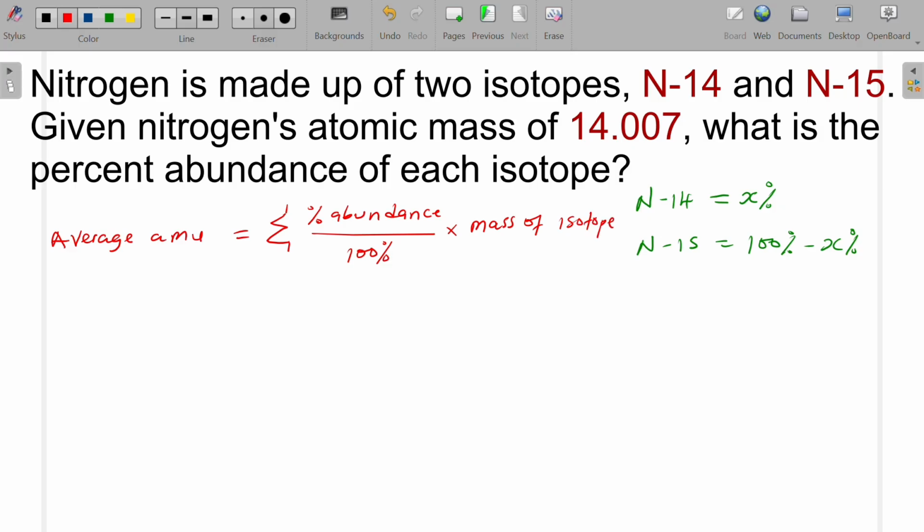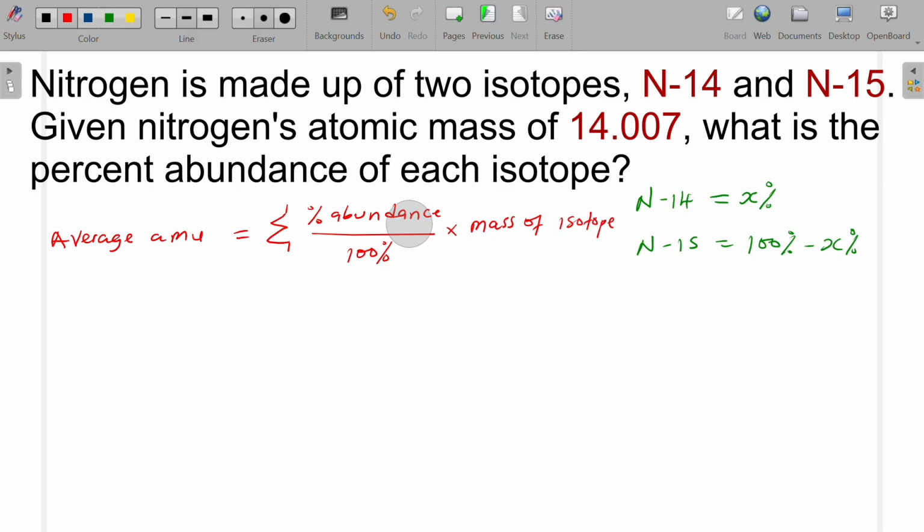All right. So what this formula means is when we say sum, this symbol here means the sum. The sum means you have more than one entity and you are adding them. So in this case we have two isotopes. For each isotope, we're going to use this formula where we say percentage abundance divided by 100 multiplied by the mass of that isotope.